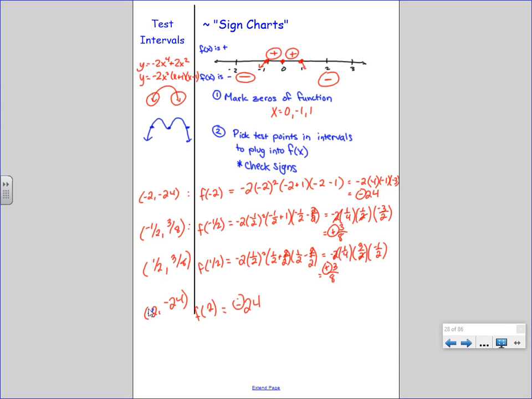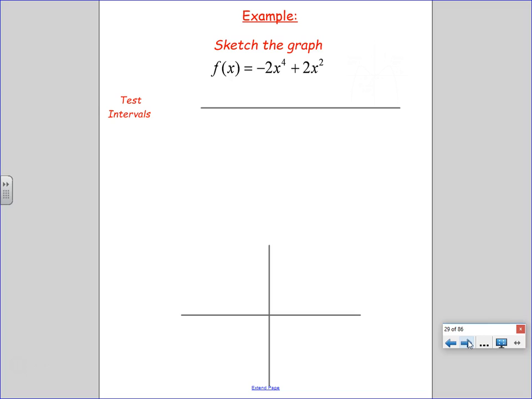So then, what? Just sketch it? How do we just sketch it? We put it all together. Let me go ahead and get rid of this. What do I mean? What do we have so far? We have zeros. We have points. Anything else?